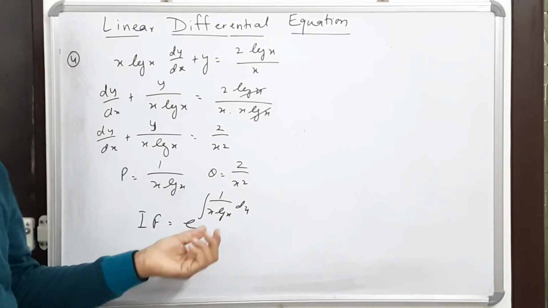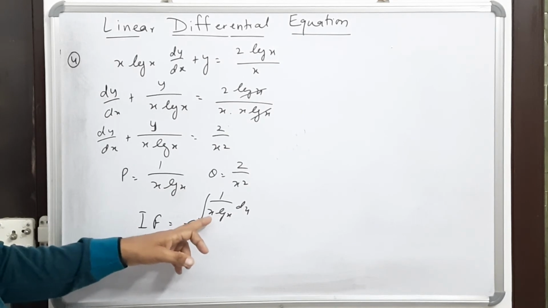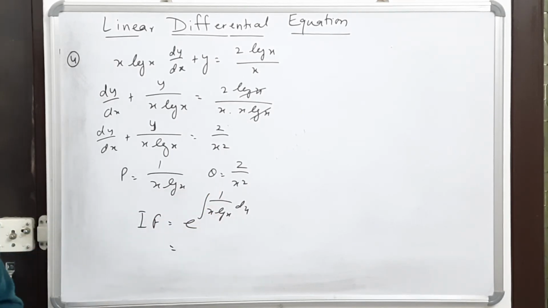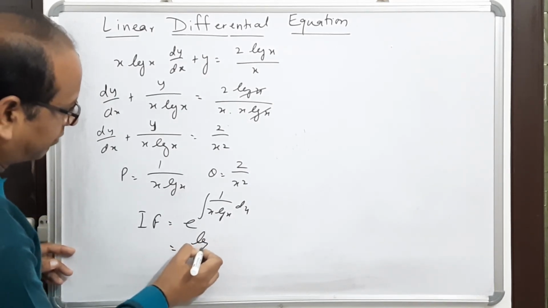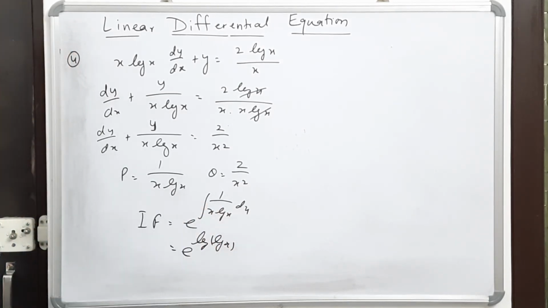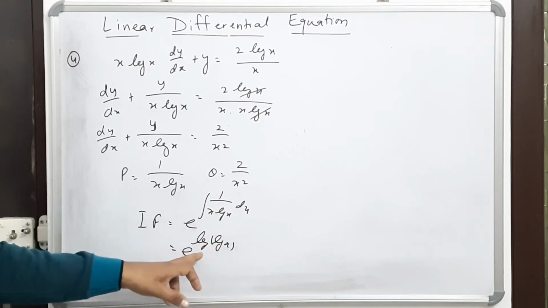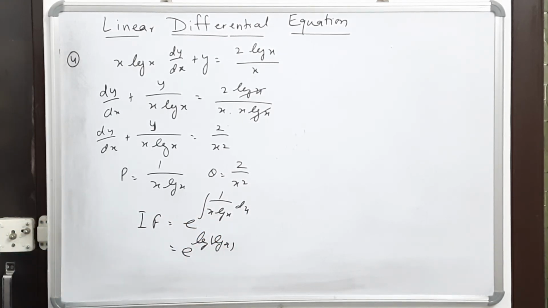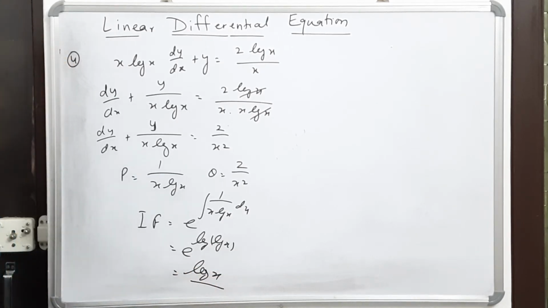Now you see, if I take log x as t, then this will be 1 upon x, the derivative. So the integration of this part will be e power log log x, because log x we are taking t. It is not required to explain to you. The integration of 1 upon x log x is log log x. So the final answer is log x now.